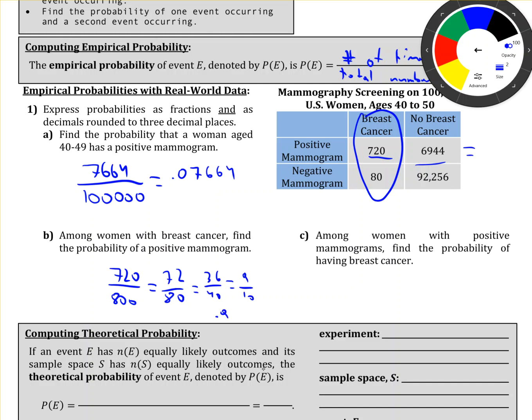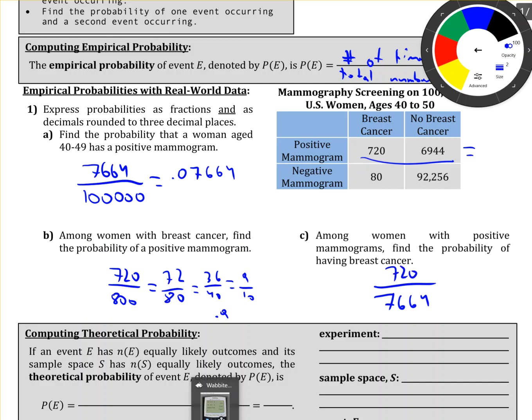Among women with positive mammograms, find the probability of having breast cancer. So with positive mammograms, that's again looking at these guys. So we had 7,664 that had a positive mammogram, and of those, 720 have breast cancer.